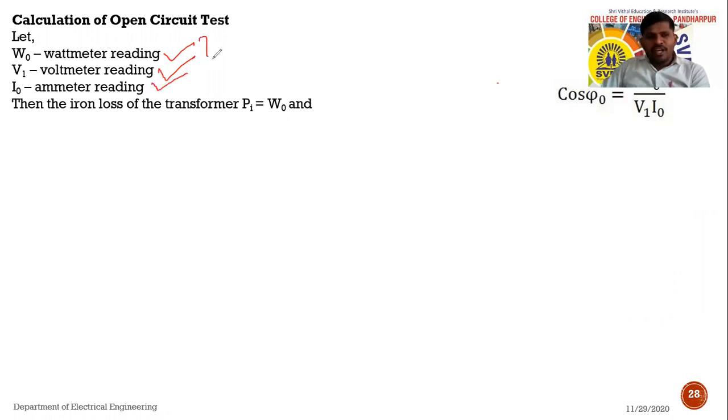If these three readings are obtained, as we know, the input power taken from the supply at no load condition is used to overcome the no load losses. Which are the no load losses? Constant and variable. Both losses occur at no load condition.